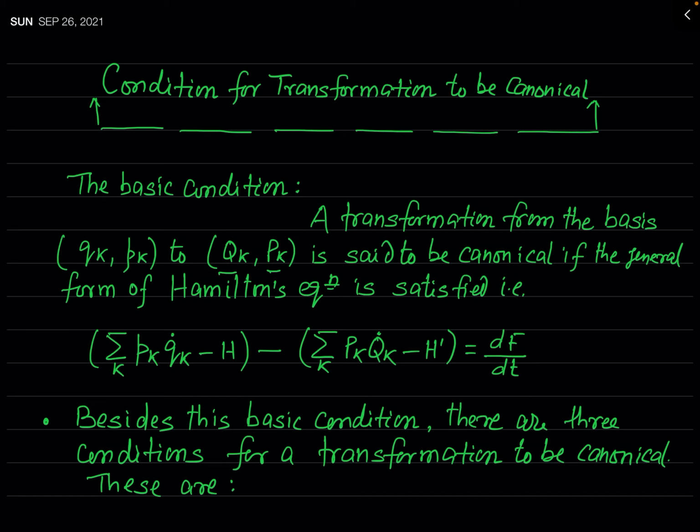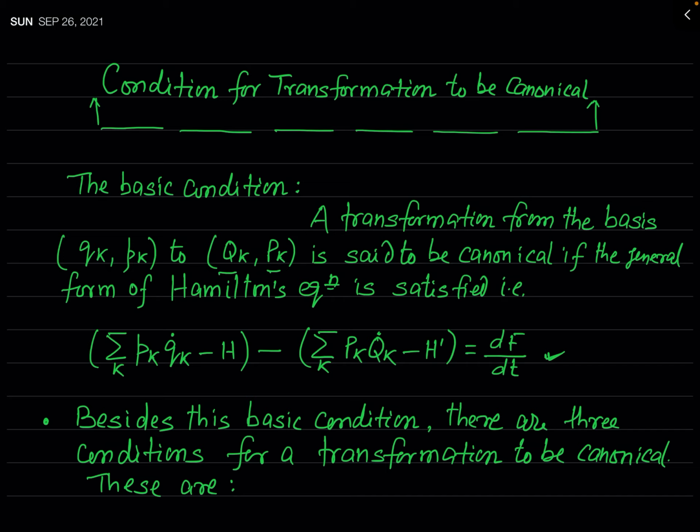And in previous lecture we have discussed this thing in very detail, and you have seen that this transformation from a small q a small p to capital Q capital P will be canonical only when this general form of the Hamilton equation gets satisfied. And what is this equation?